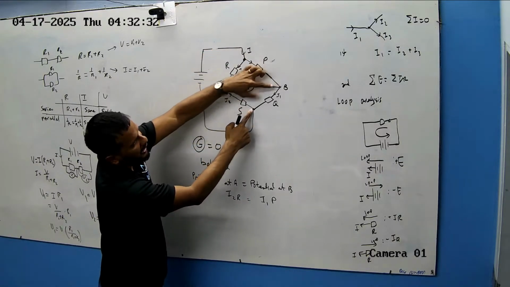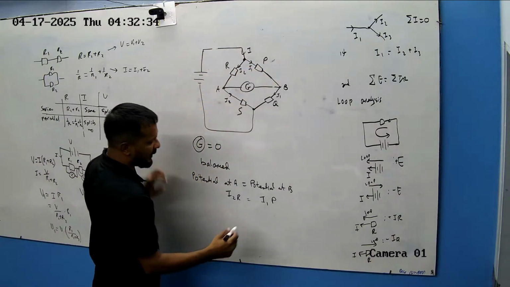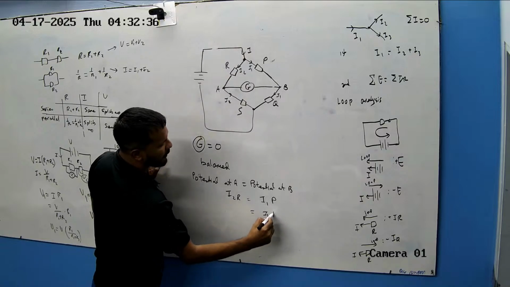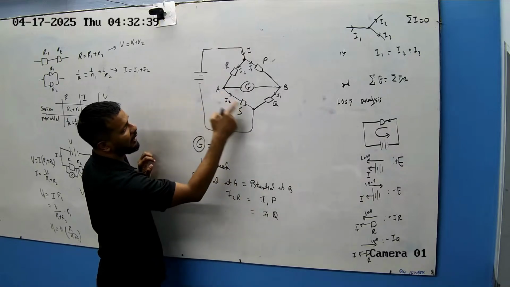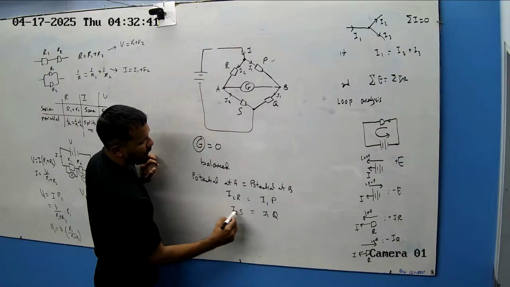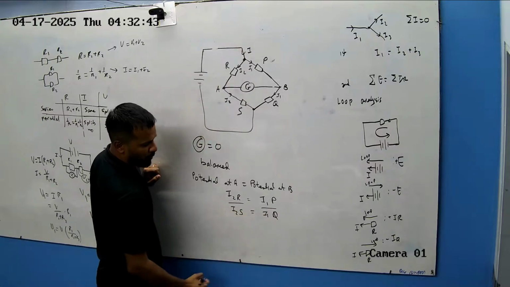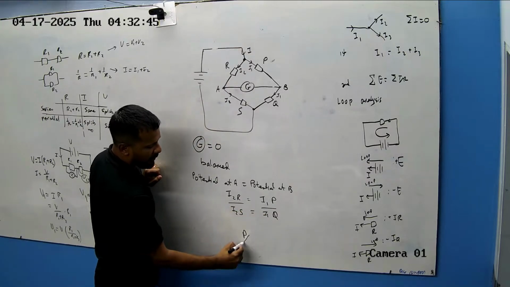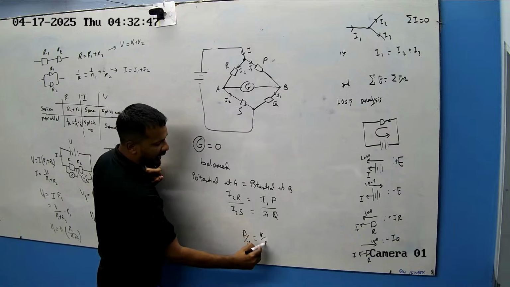The potential here will be I1 times Q, and here I2 times S. If I divide them, I'll end up with P over Q is equal to R over S.